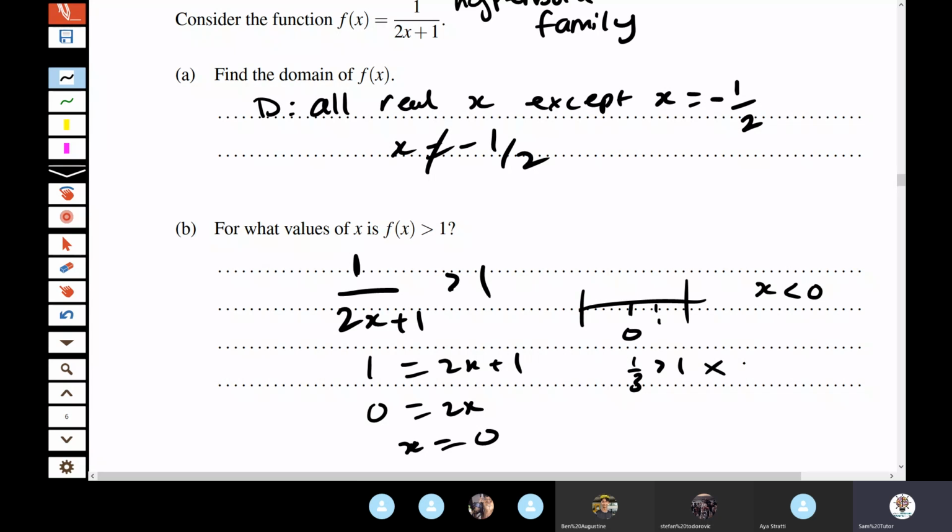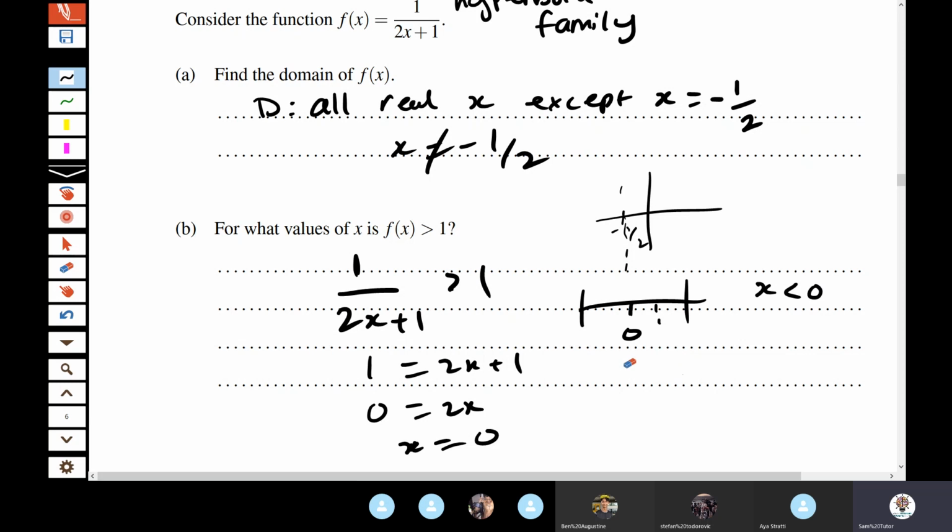As long as x is less than 0, your f of x function is going to be greater than 1. I just said less than 0 because you still got the negative half.